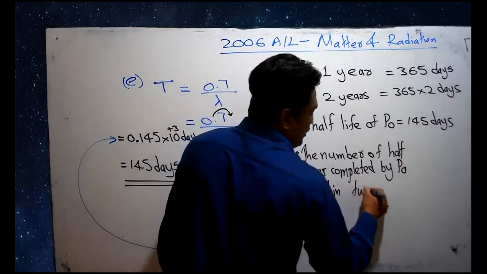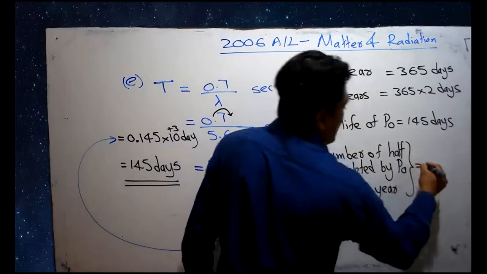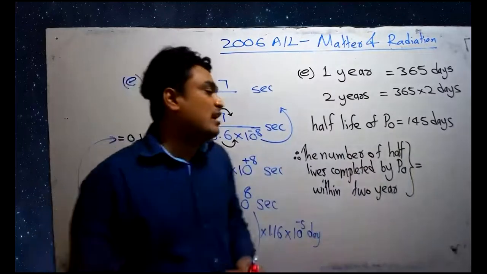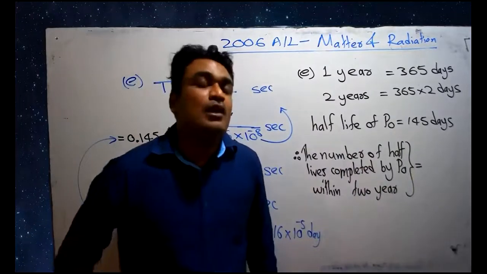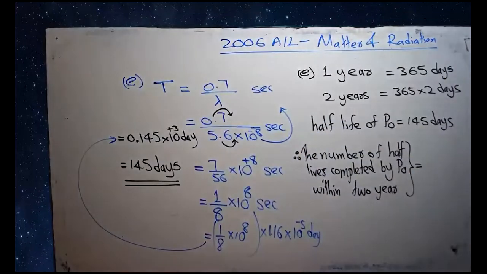How do we find this? What should I do to find the number of half-lives completed by polonium for 2 years? Multiply 365 by 2 and divide the answer by 145.